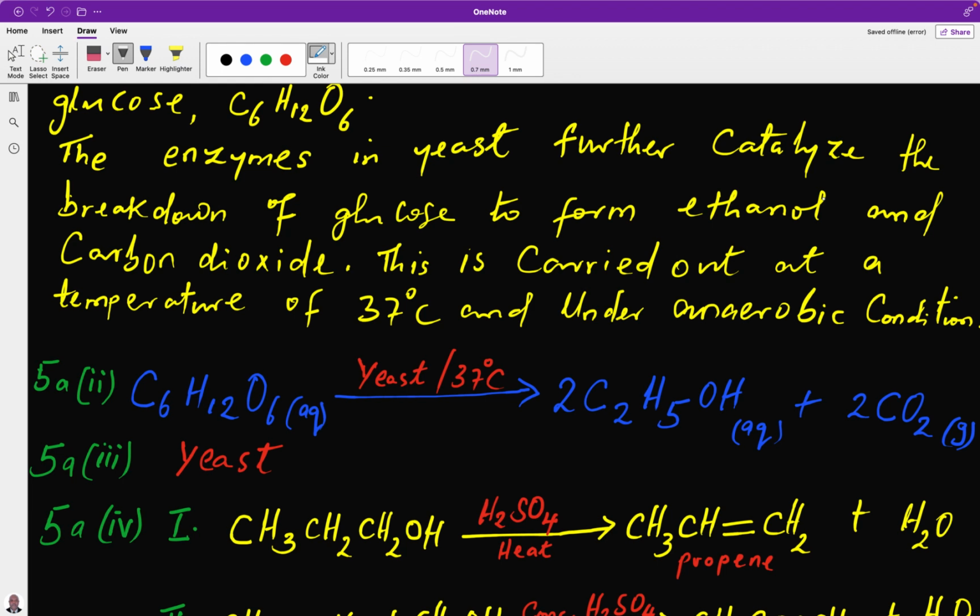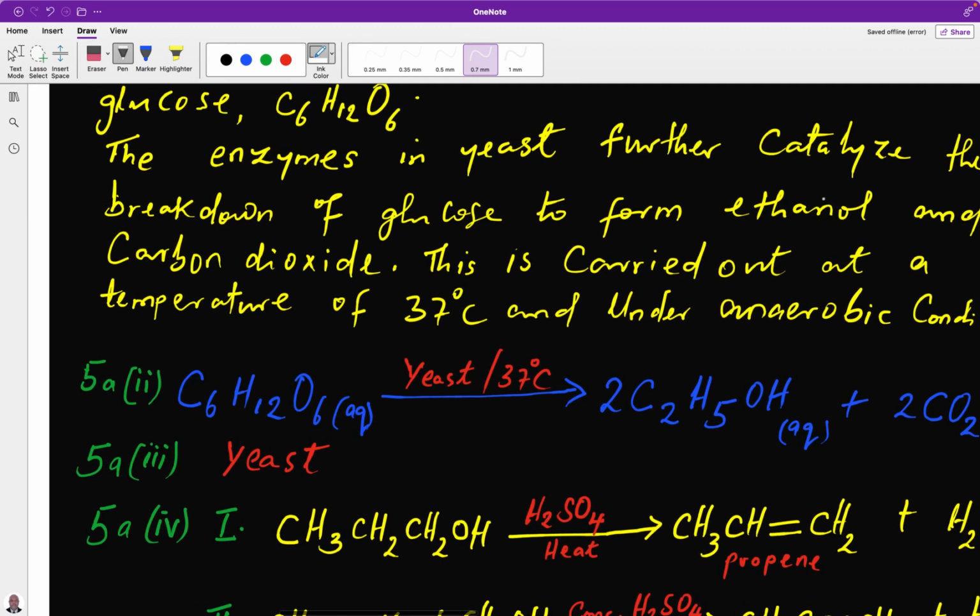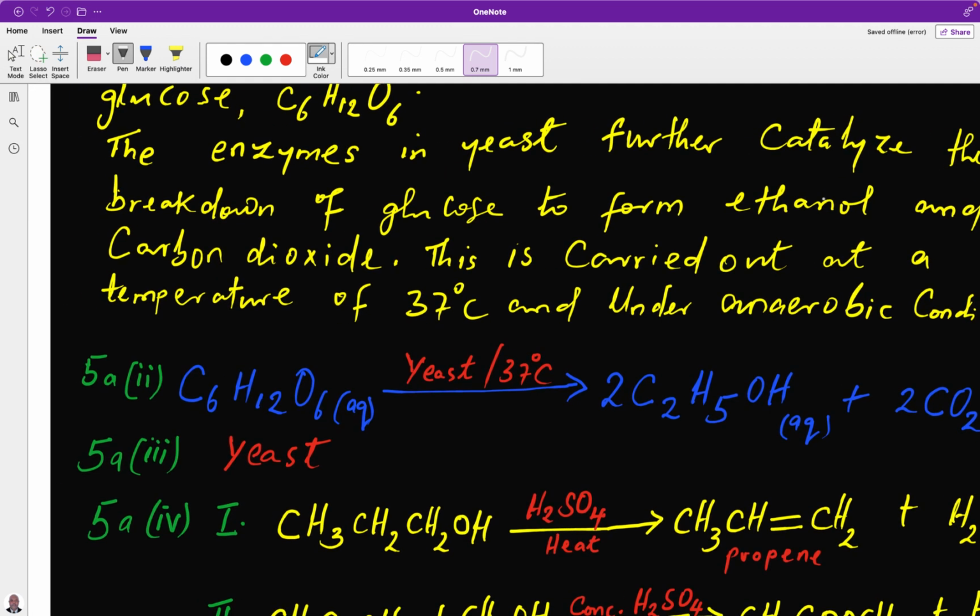Remember, I said the enzyme in yeast will catalyze the breakdown of glucose to form ethanol and carbon dioxide. Ethanol and carbon dioxide are the products of fermentation. So 5A3 is yeast. Yeast is the substance that must be added to glucose to enable it to ferment.